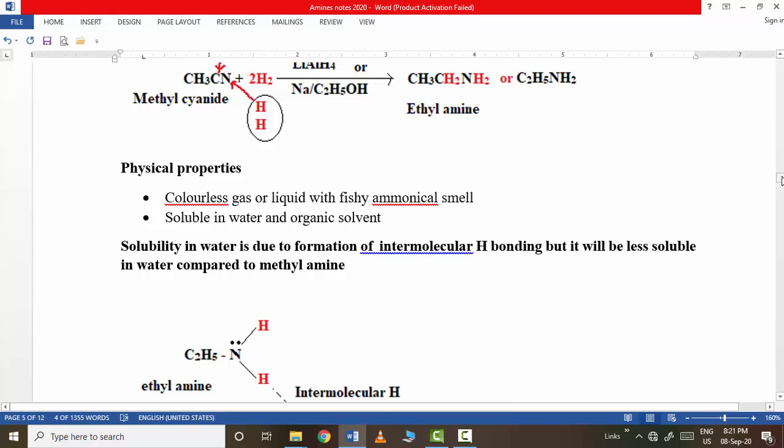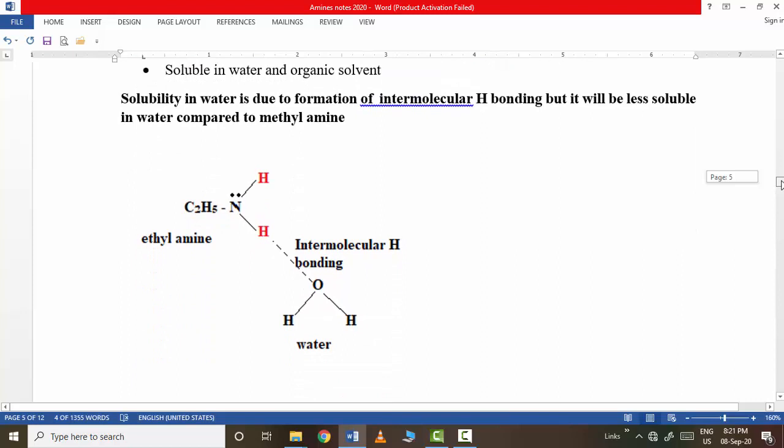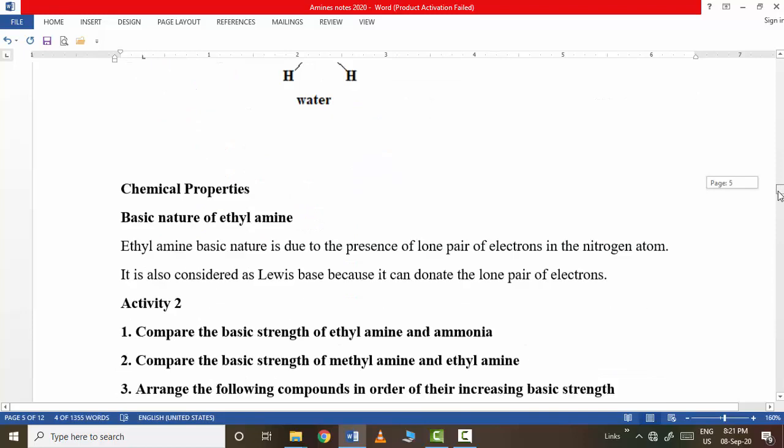If you compare the solubility of methylamine and ethylamine, ethylamine will be less soluble in water compared to the methylamine. You can see between the hydrogen atom of the nitrogen of the ethylamine and the oxygen, there is a formation of a bond known as the intermolecular hydrogen bond, and this is the one which is responsible for making the ethylamine get soluble in water.